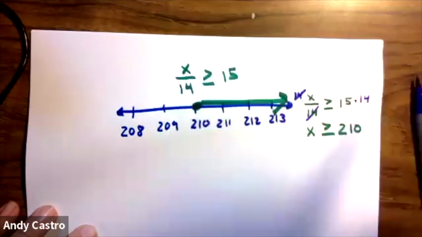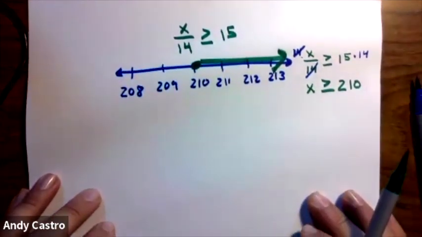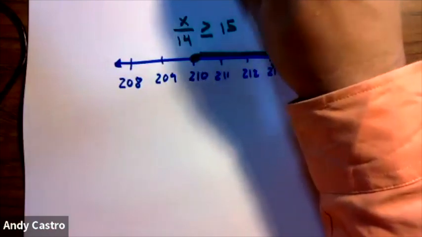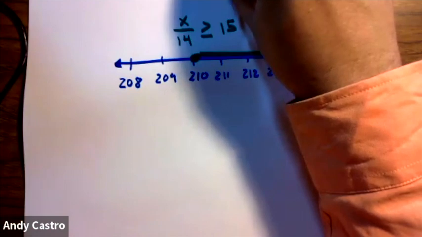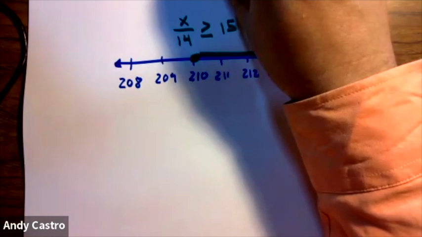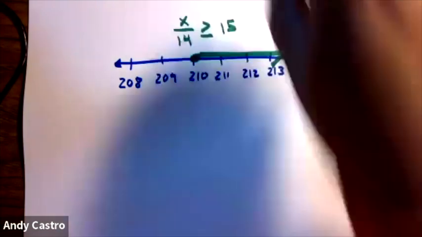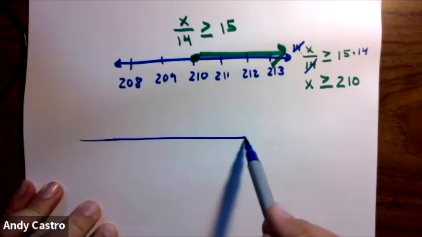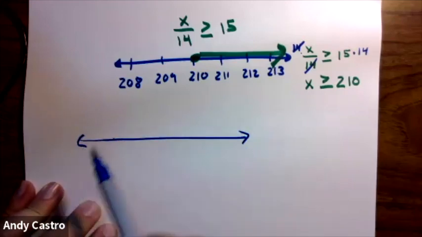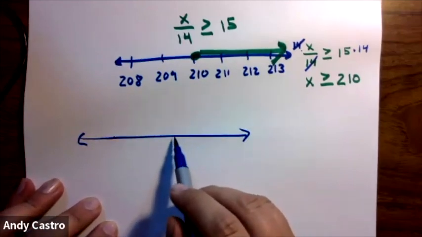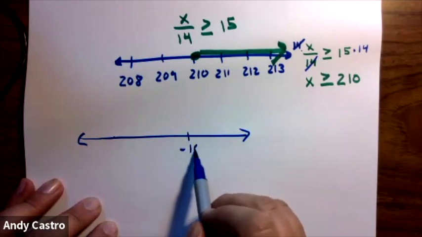Okay. So now let's increase the complexity just slightly more, and we can work on two-step inequalities. Okay. I'm going to have a line here. This is going to start here in the middle at negative 10.